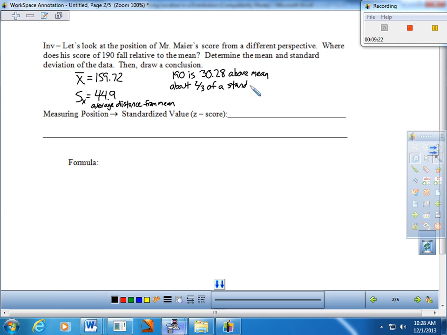Does that phrasing work for you? So again, this is how far my score was above the mean. On average, the individual values are 44.9 units away from the mean. So I would be about 30 over this, so about 2/3, give or take. Don't know if I did that decimal what it would be, but we'll figure that out, I'm sure. So it's about 2/3 of a standard deviation above the mean.